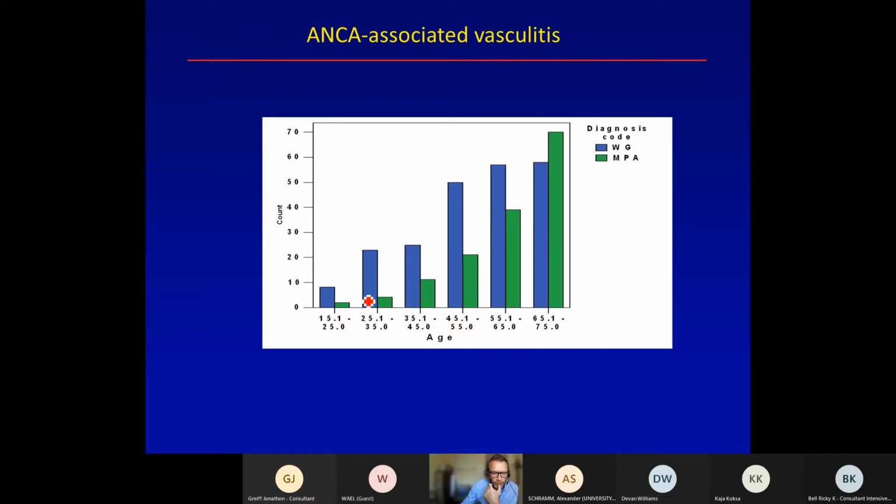You may recall a patient earlier this year on the ITU at Glenfield who was on ECMO for some time and unfortunately died as a consequence of his disease. So just because somebody is young, do not discount ANCA-associated vasculitis as a cause of their disease.